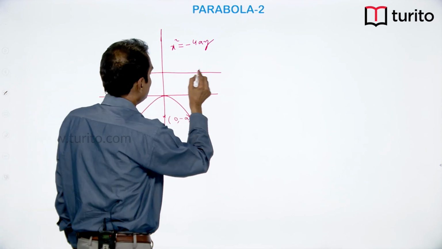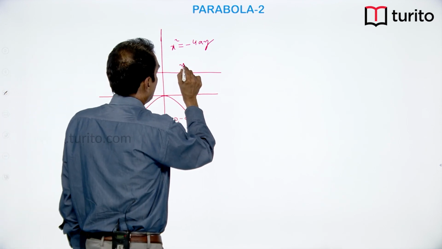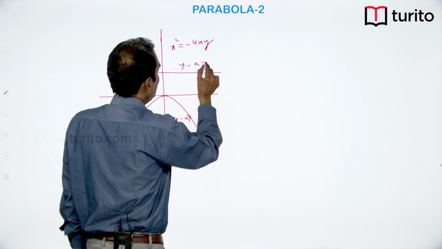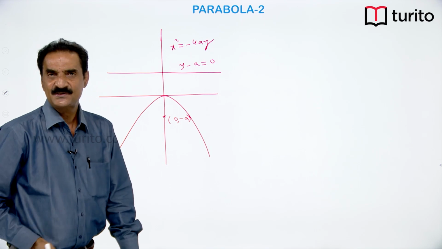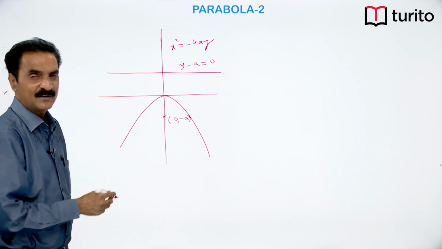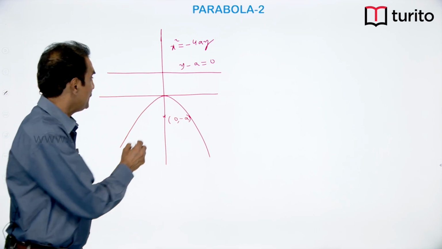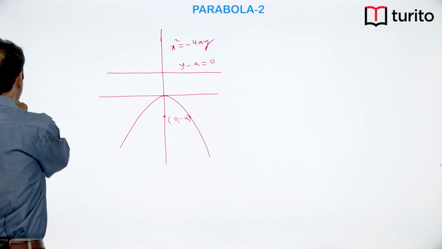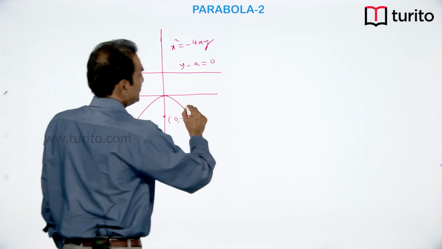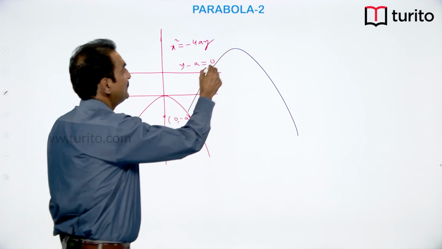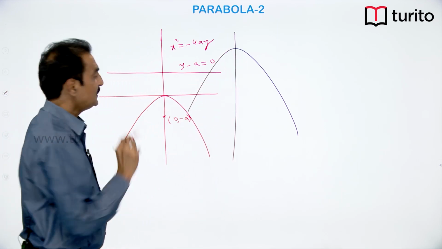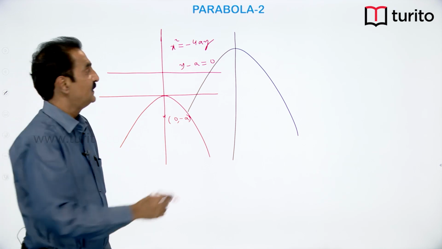Equation of the directrix, y minus a is equal to 0, and the other points we have already discussed. Now if this parabola is shifted to some other position like this, then the axis is parallel to y axis.